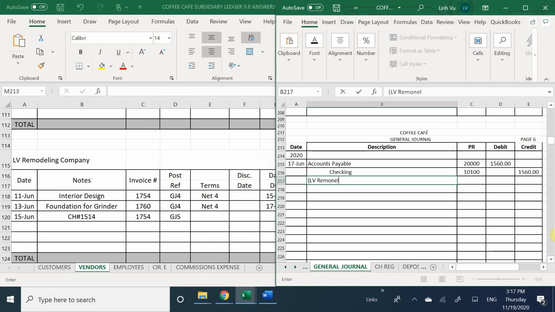LV Remodeling, invoice number 1760. Check number 1517. Okay.